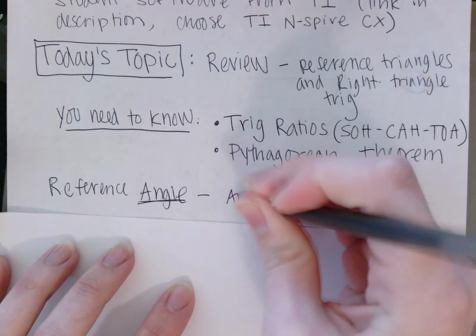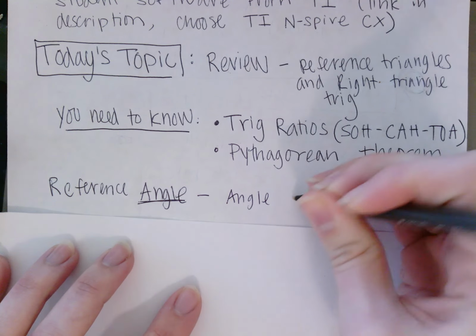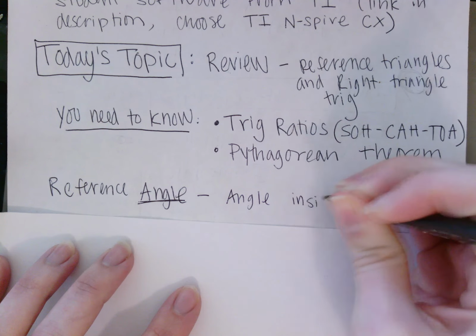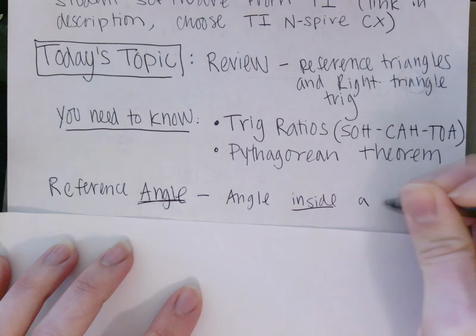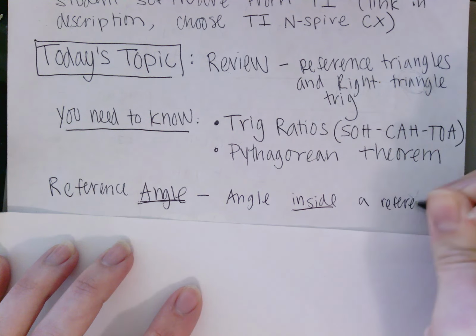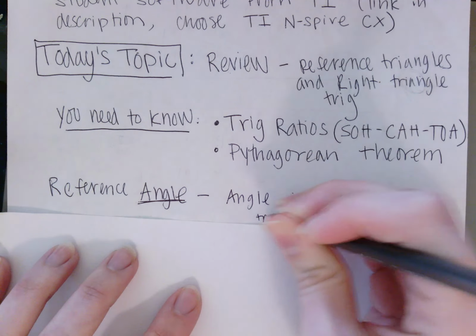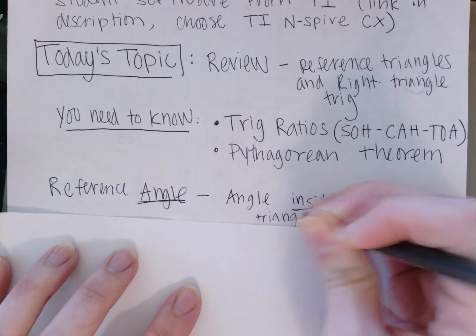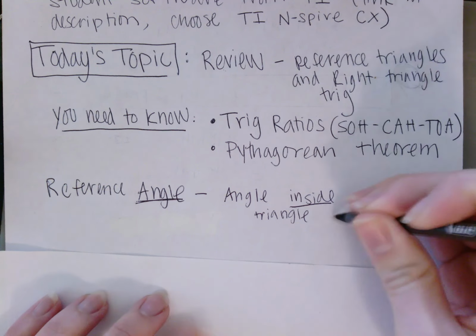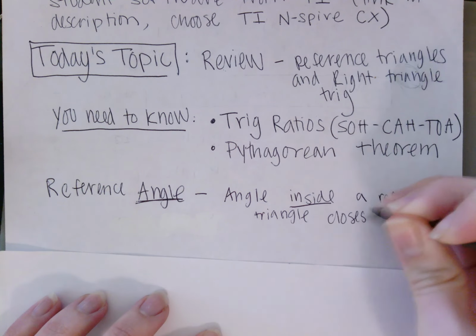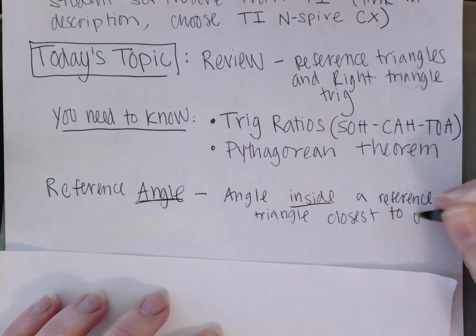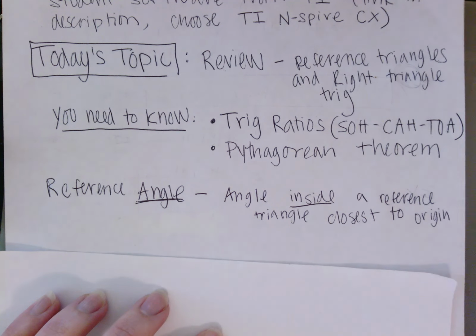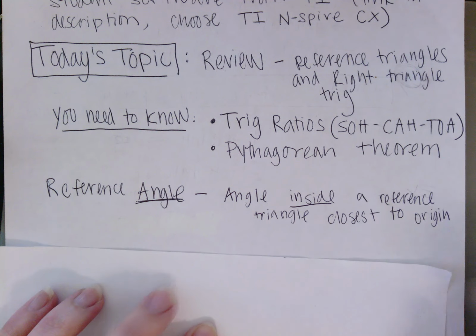Specifically, it is an angle inside a reference triangle that is closest to the origin. So a reference angle is an angle contained in a reference triangle that is closest to the origin.